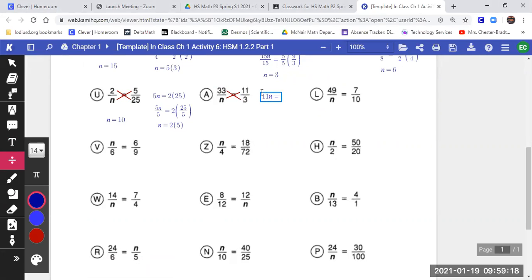11n, and it has to equal what? What's the right side going to say? 3 times 33.